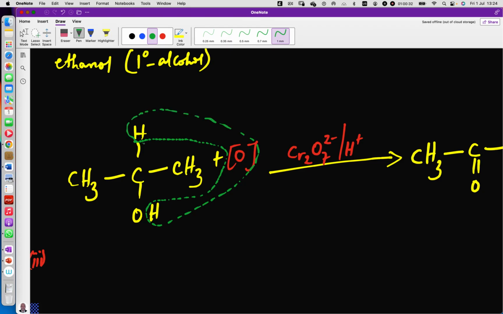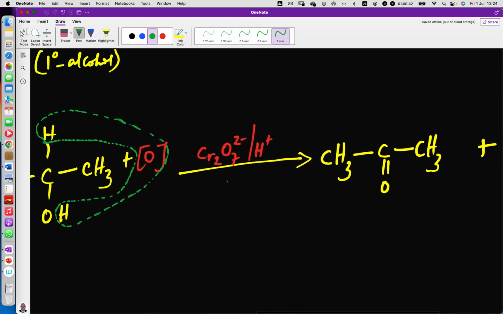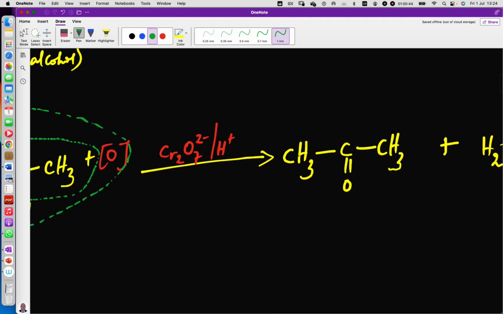A molecule of water has been removed to give us this ketone. So we have this propanone, which is a ketone.